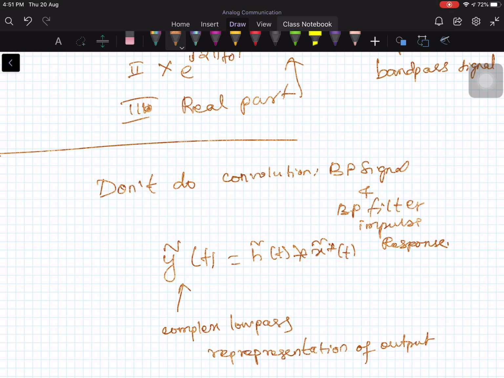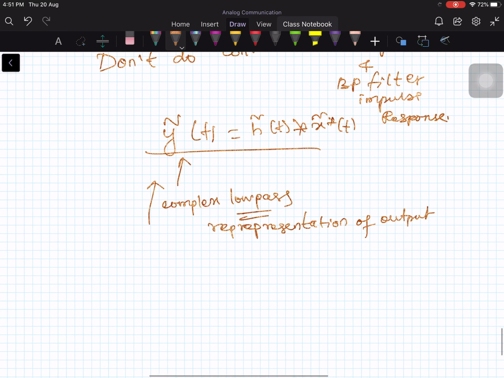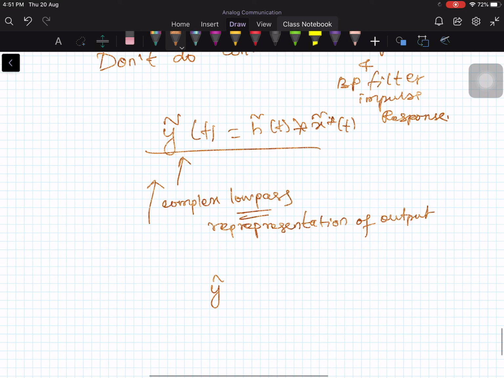This is also a low pass representation, but we need a band pass. Then what you do, you take y tilde of t, multiply with e to the j 2 pi f naught t and take the real part of that.